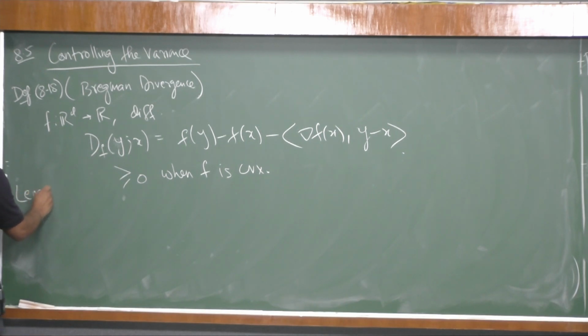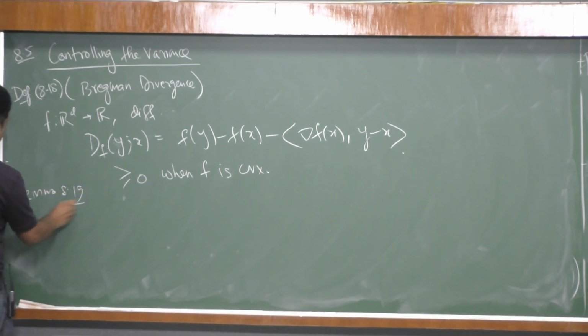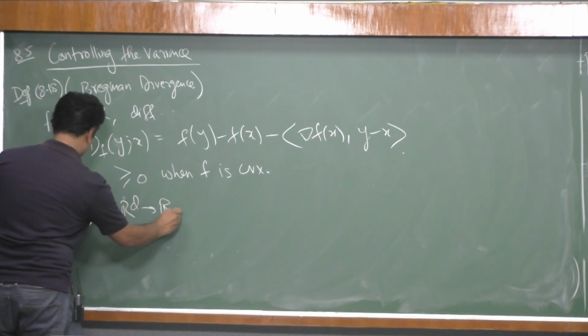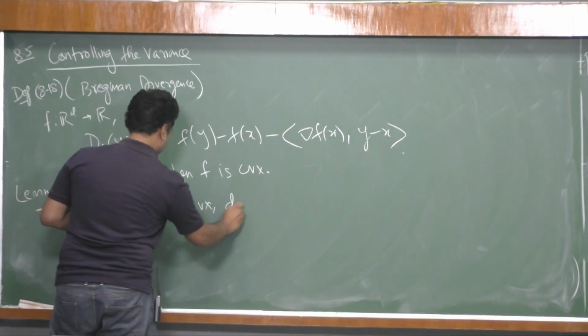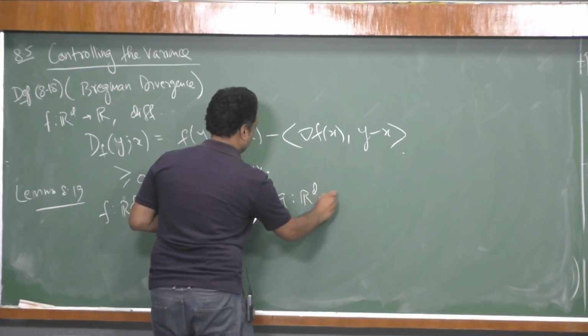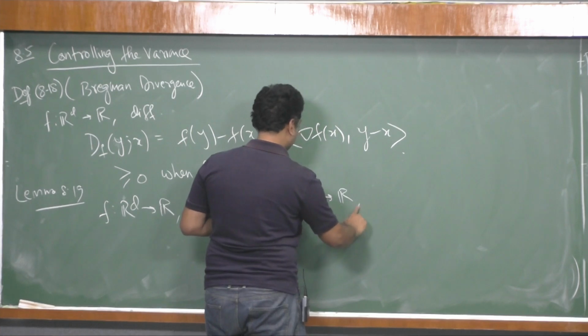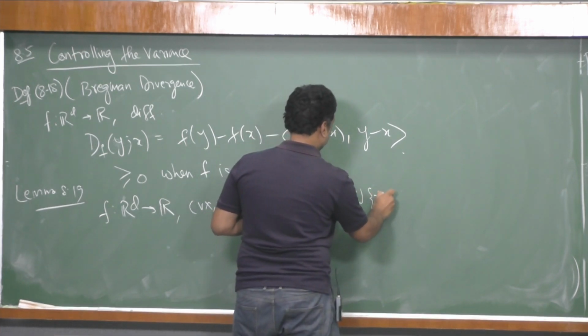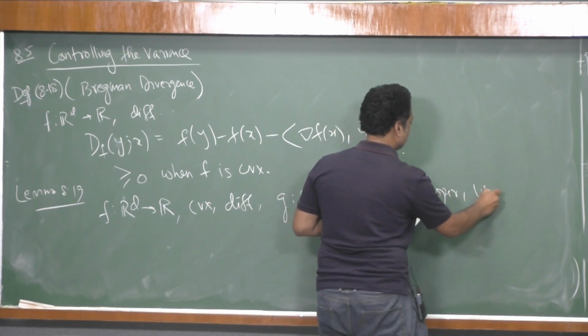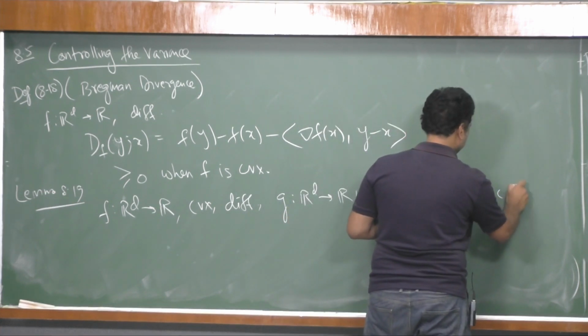Let us say lemma 8.19: f from R^d to R is convex and differentiable, and g from R^d to R union plus infinity is proper, LSC and convex.